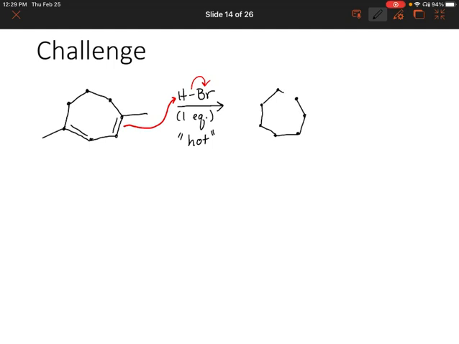Okay, this one's a little better, maybe, a little more symmetrical. Let's see, so we're adding hydrogen to that double bond. Now, normally we said that hydrogen would add to the less substituted carbon, and then we would form the tertiary carbocation, right?